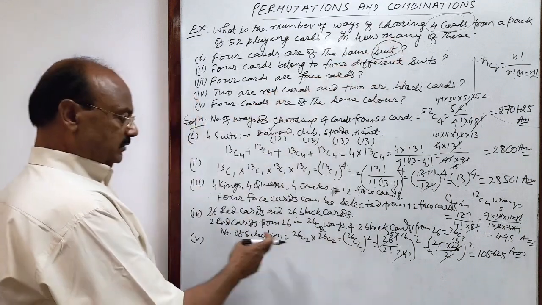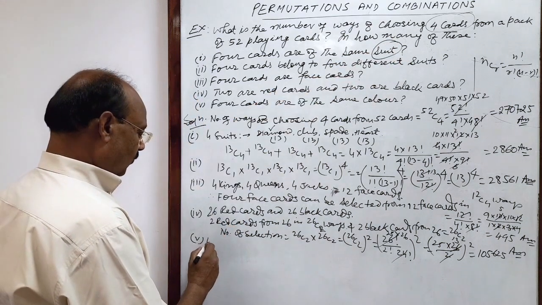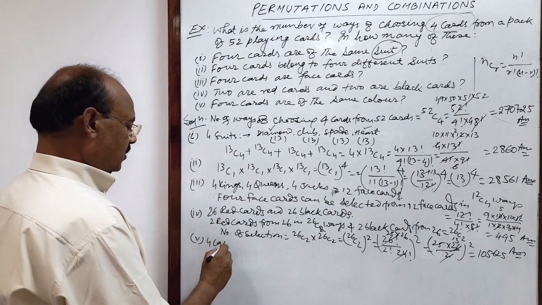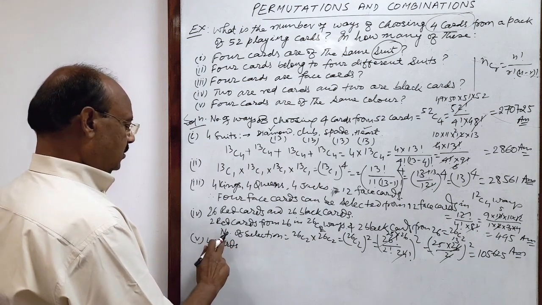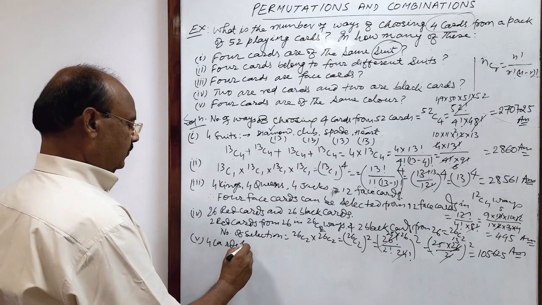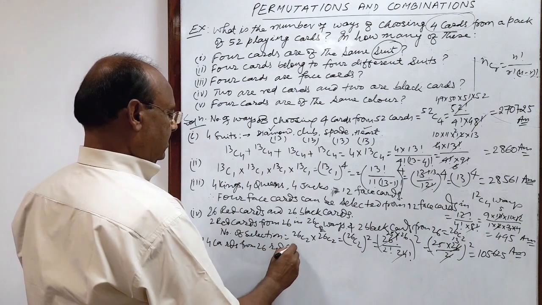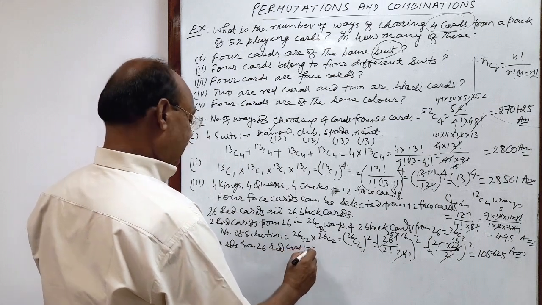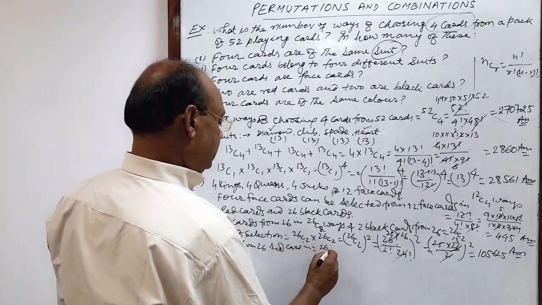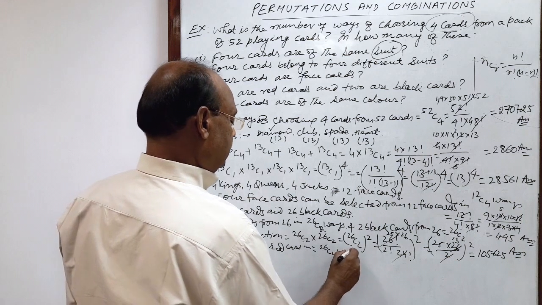So 4 cards from 26 red cards in how many ways? 26 C4 ways.